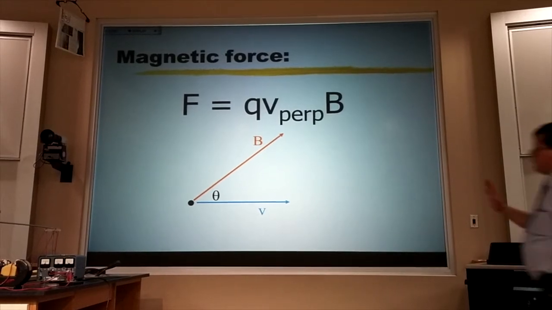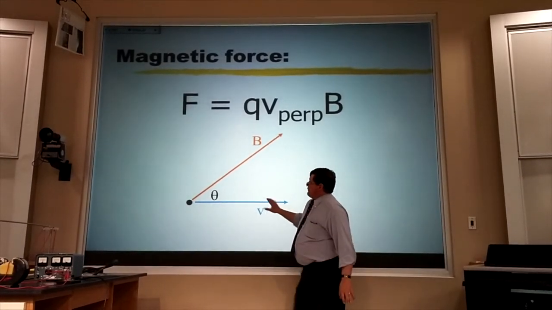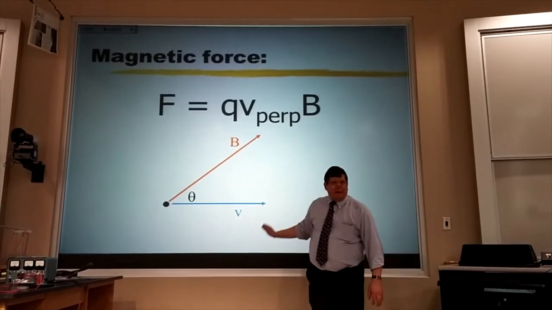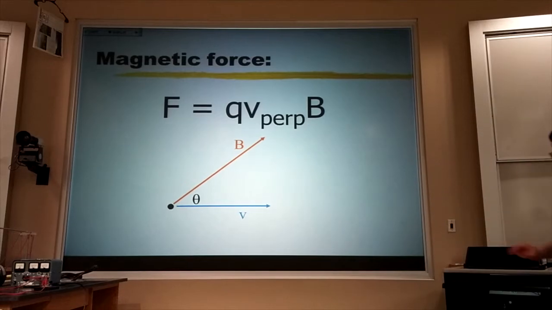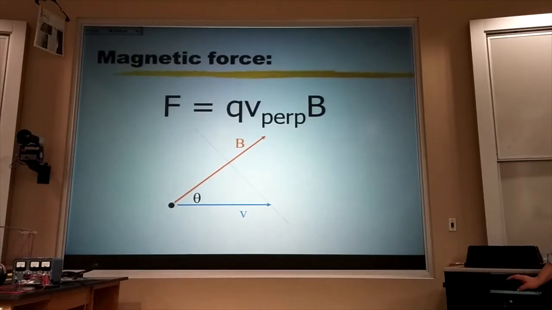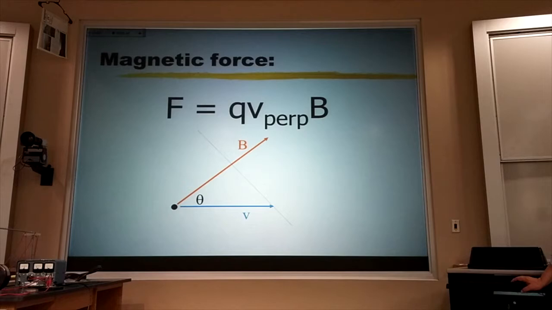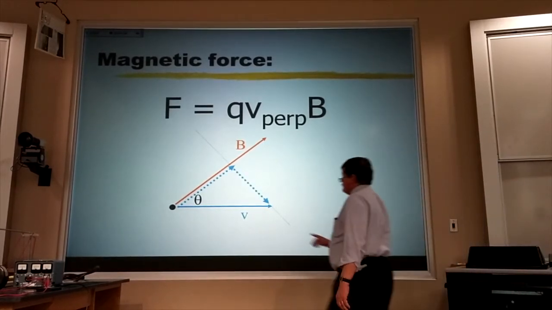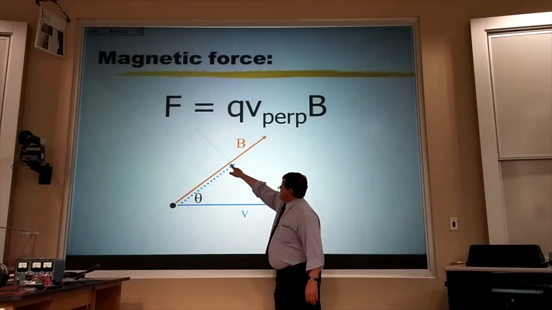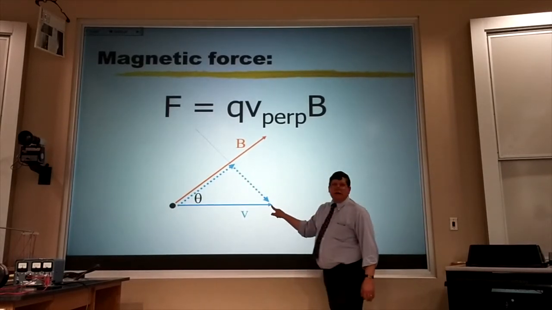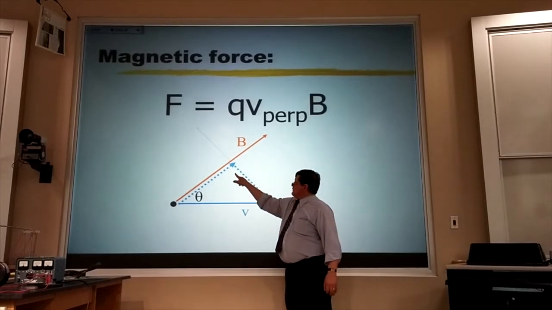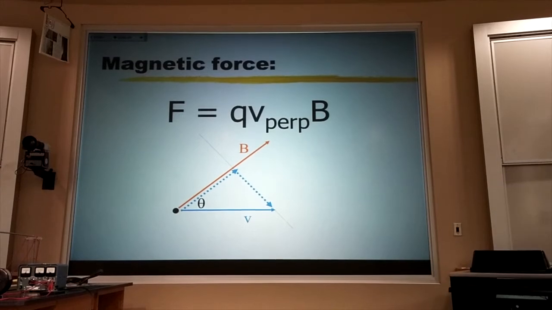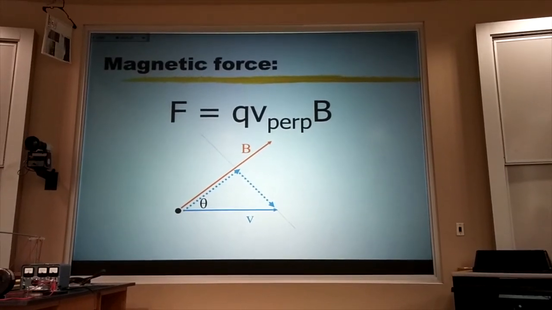I'm going to look for the part of this vector that is along B and the part that is perpendicular to B. The way I do that is I draw a line perpendicular to B that goes to the end of my velocity. I then break up my vector into the part that is parallel and the part that is perpendicular. There's my right angle. Okay? So I no longer am using x and y, I'm using parallel and perpendicular.